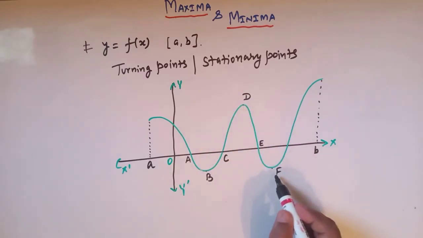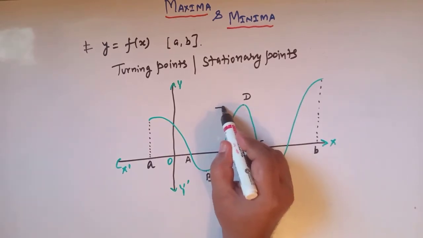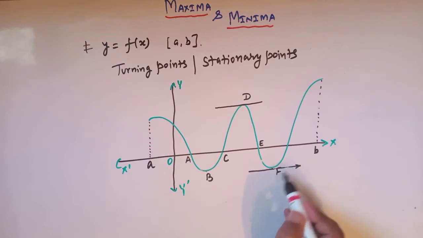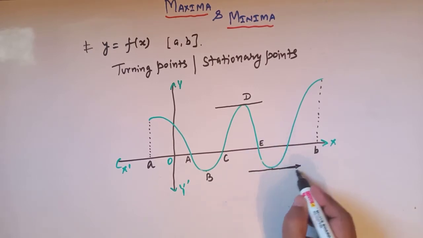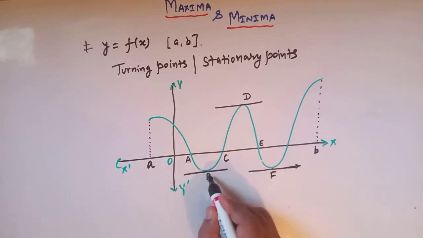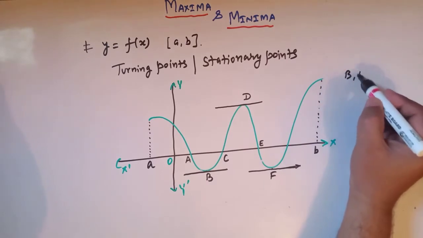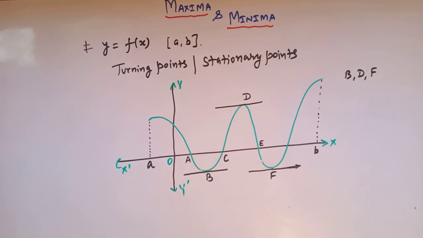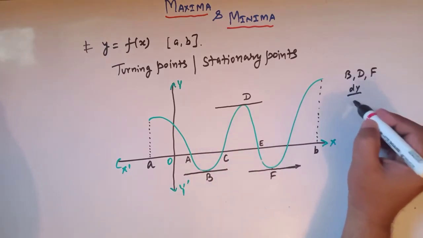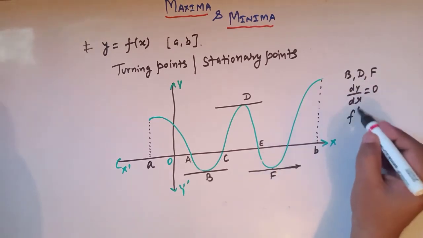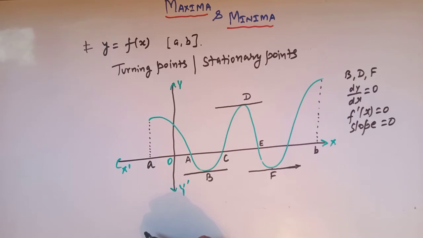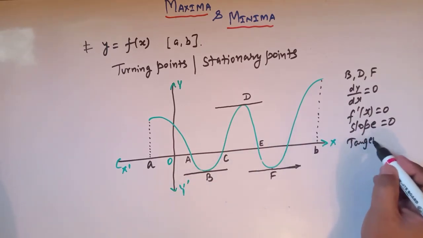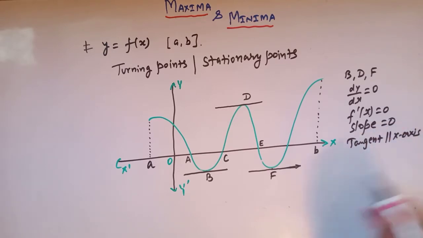Now here we see that B, D and F are three points where, if we draw the tangents, this is the point F, and this is point B. Now the points B, D and F are called the turning points, because at these points the derivative of this function y becomes 0, or f prime of x is 0, or the slope of the tangent is 0, or the tangent is parallel to the x-axis.